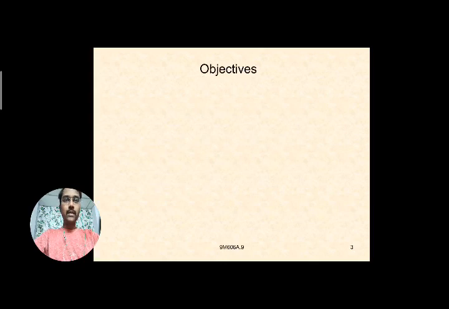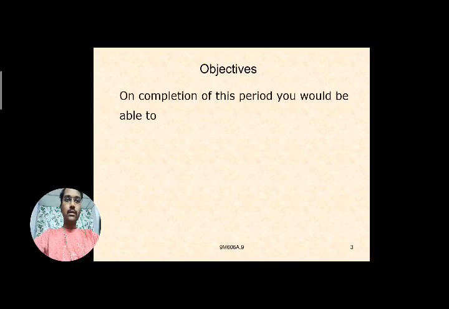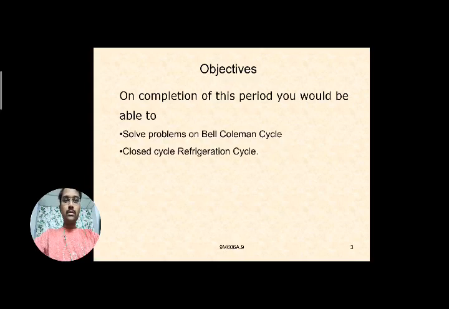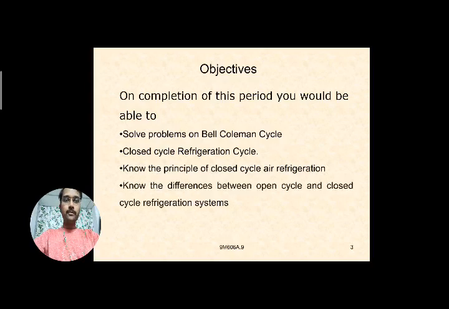In today's class, our objectives are that you are able to solve some problems on the Bell-Coleman cycle, and we will explain the closed cycle refrigeration cycle, and know deeply the principle of closed cycle air refrigeration.